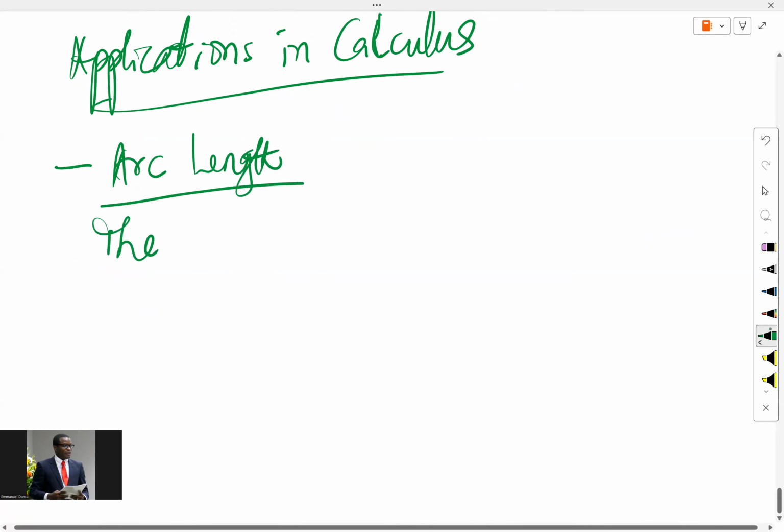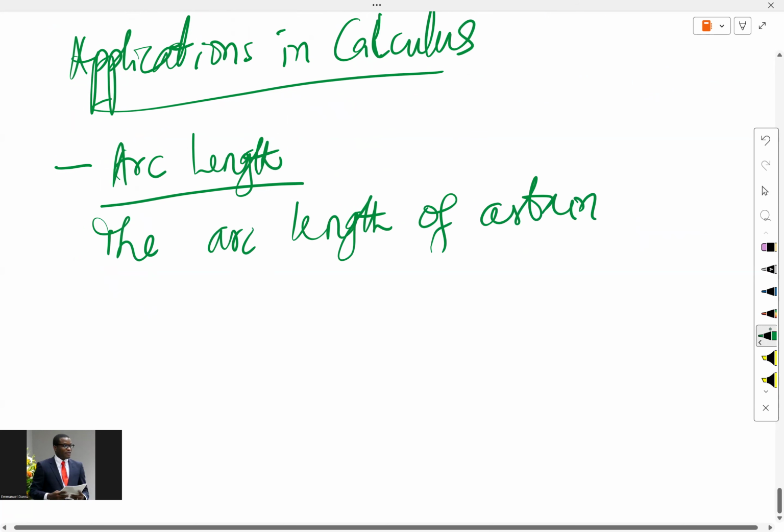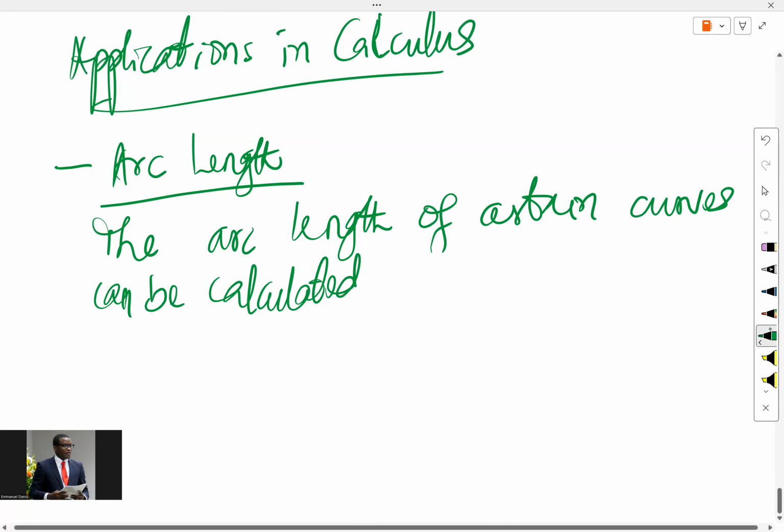So the arc length of certain curves can be calculated using hyperbolic functions.